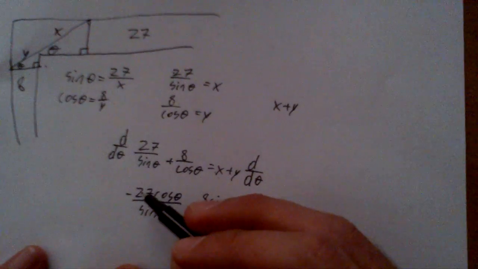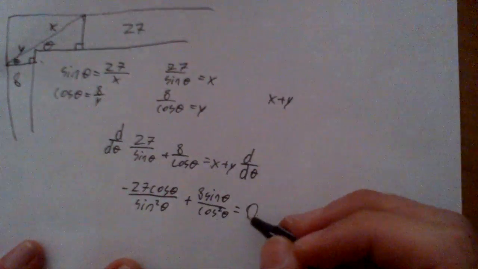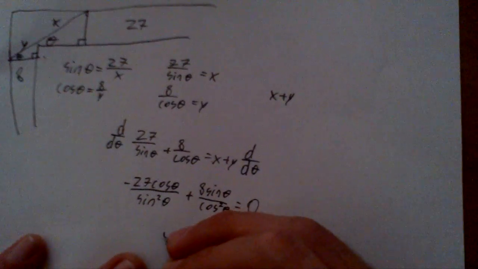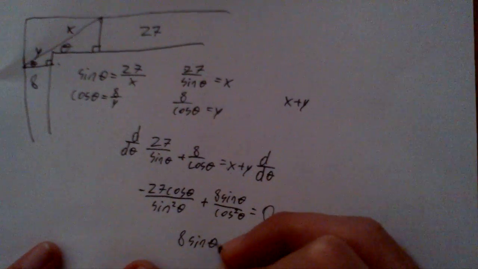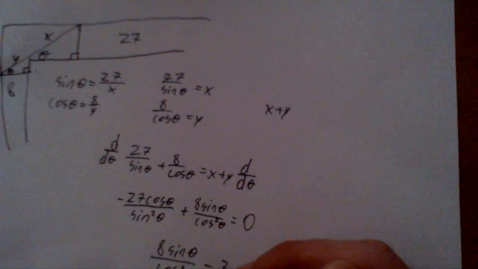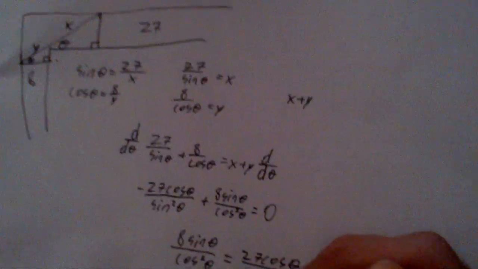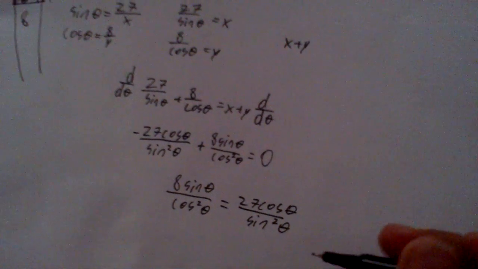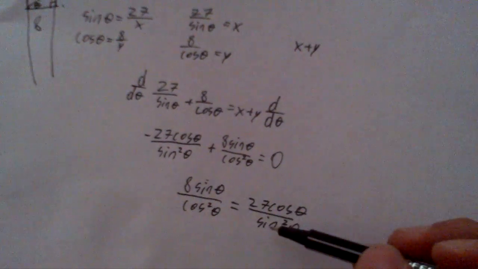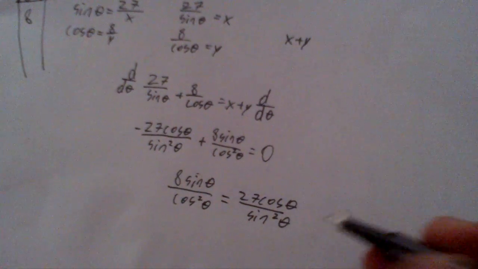So now basically I'm going to move 27 cosine over sine squared of theta over by just simply adding it, and I would get 8 sine of theta over cosine squared of theta is equal to 27 cosine of theta over sine squared of theta. Now, what I'm going to do is cross multiply to get the fractions out of the way.